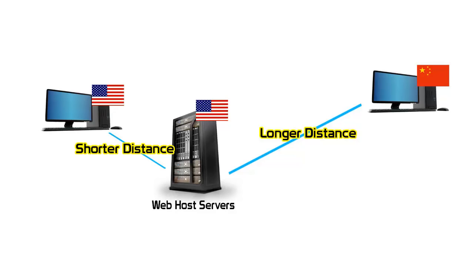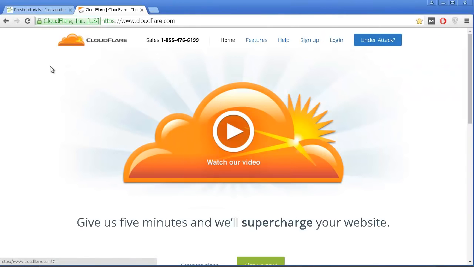So something that you can do is use this service called Cloudflare, and basically your website gets copied to their servers, and their servers are spread all over the world. So if someone is trying to access your website from China, they will access the nearby server that they have, probably in Asia, and they will be able to see your website faster on their computer or mobile screen.